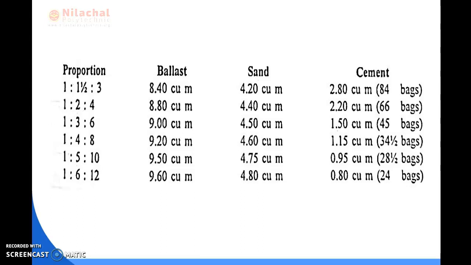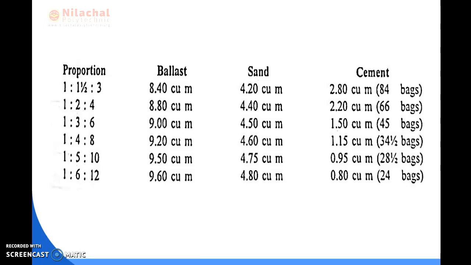So we consider this value of the dry material quantity, then we calculate the proportion of the cement concrete. Using the dry material quantity of 15.2, we define the ballast quantity, sand quantity and cement quantity. We know cement is always in bags, so we need to convert cement into bags. So however many cubic we define for the cement, it is then converted to bags.